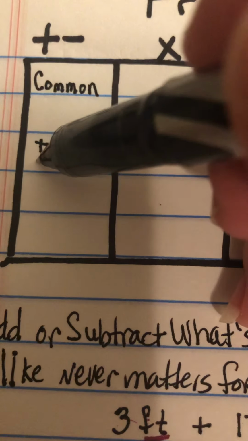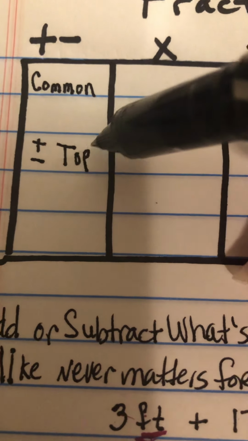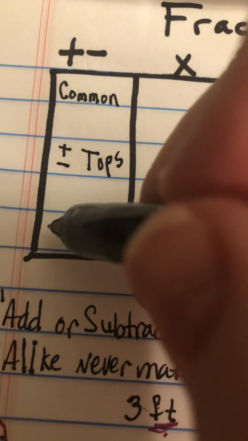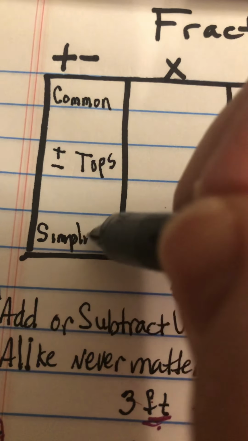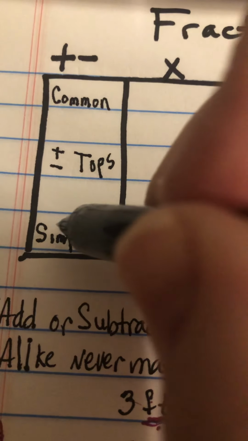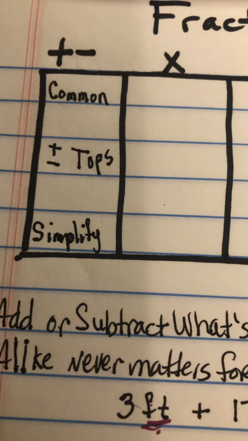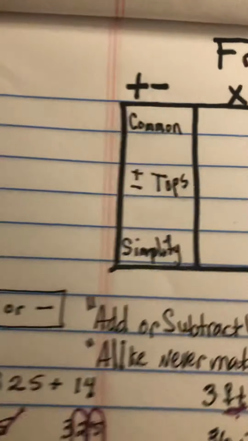So that's the major thing we have to consider here, is that we only add or subtract just the tops. And then in our answer, if we can, we will simplify it, in the method that I showed you a moment ago. If you need to, that's what you'll do. So it's 3 steps to add or subtract. You need to get common denominators, add or subtract the tops, and then simplify.